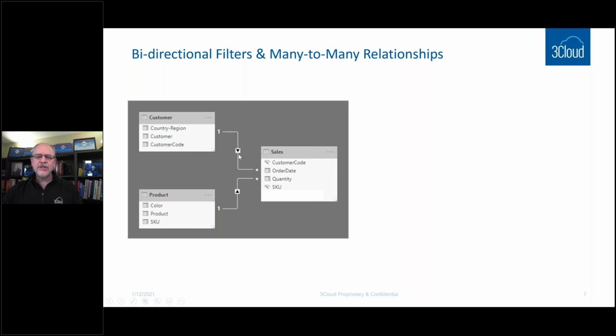Now look at the directionality of the relationship. This is the filter direction for this relationship. Notice that it points from the one to the many. That is a natural one-to-many relationship, and this is considered to be fairly normal. Can we achieve this result by saying, all right, I'm going to select a customer, filter the customer table down to one customer.